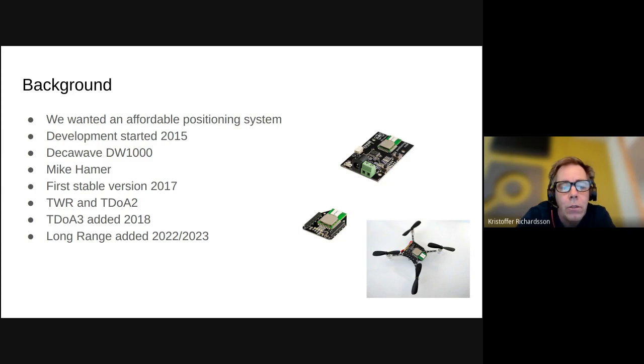At that time, we had two-way ranging and TDOA 2. Two-way ranging is mainly for flying one Crazy Fly. It's very robust and easy to use. And TDOA 2 is for flying more than one Crazy Fly.